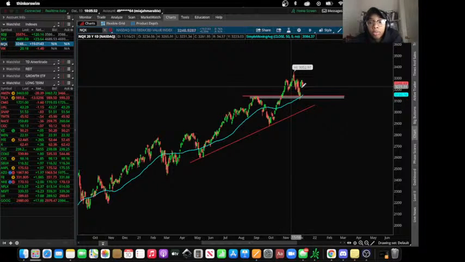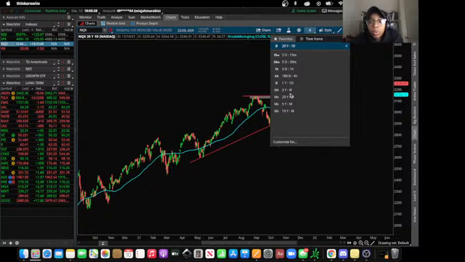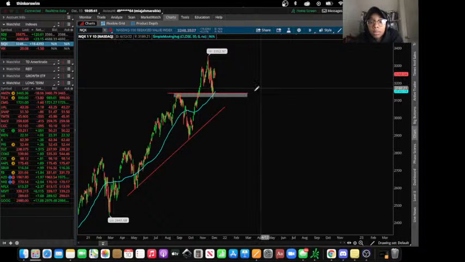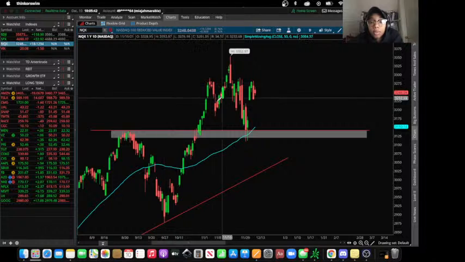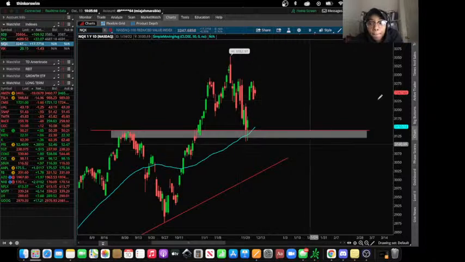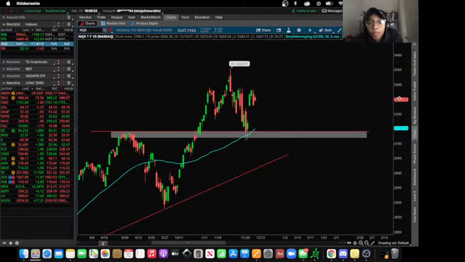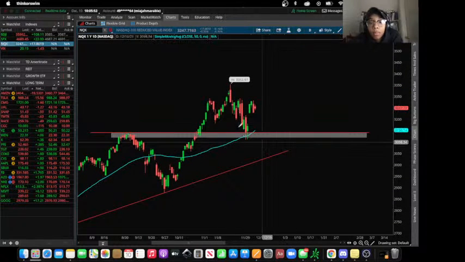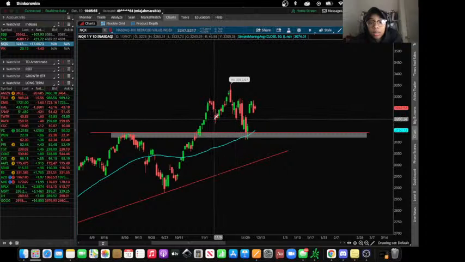Doing some wacky stuff here. What is this? It's a 20-year. Let's do the 1 year. Yeah, it's doing some wacky stuff these last couple of days, last couple of months. But you can see a head and shoulders pattern right here.